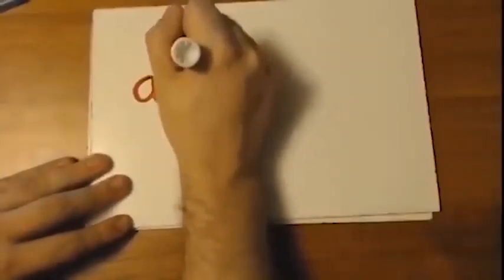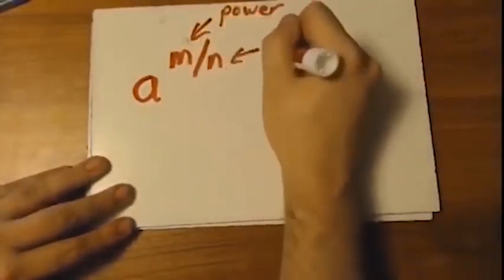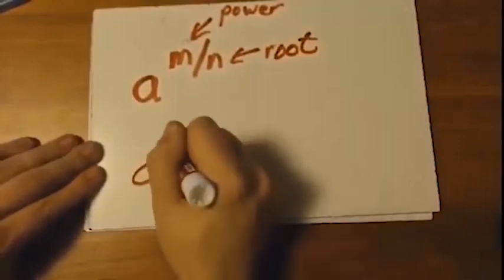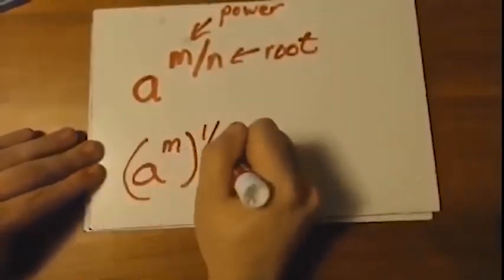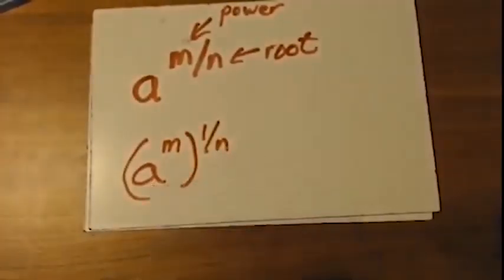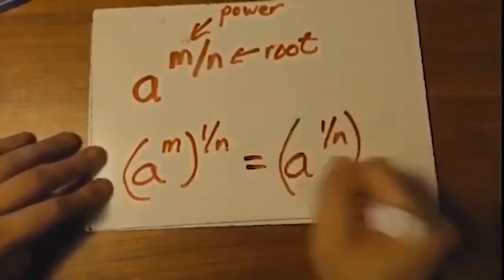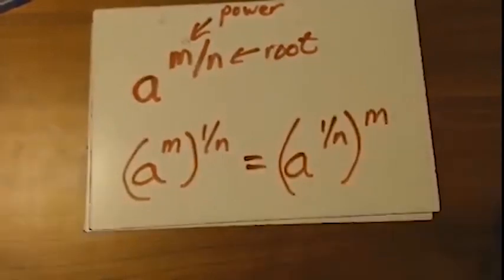We're going to expand this to look at a to the m over n. Here, the m is power, the n is still root. And we can look at this 2 ways. Either as a to the m raised to the 1 over n, in other words, the nth root of a to the m. But we can also look at this as the nth root of a raised to the m.